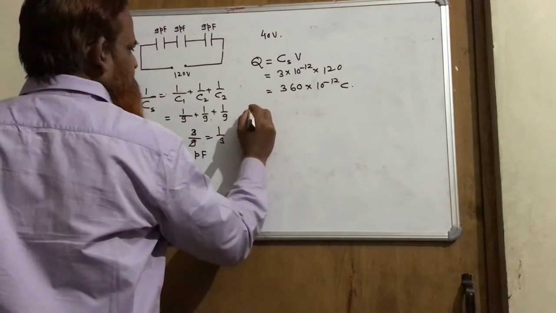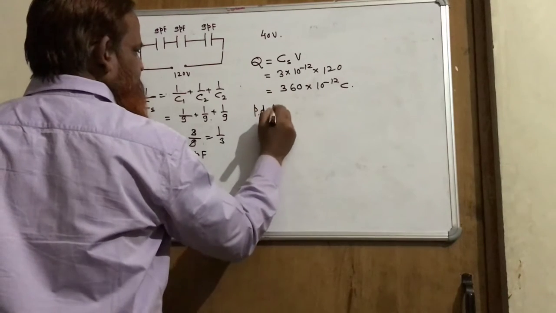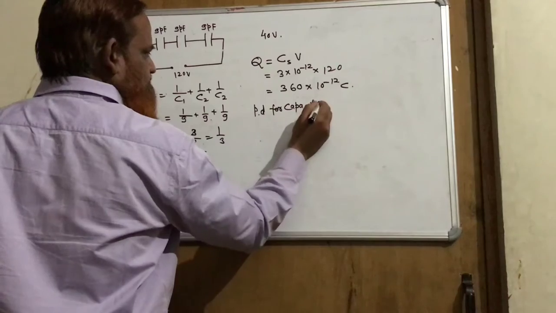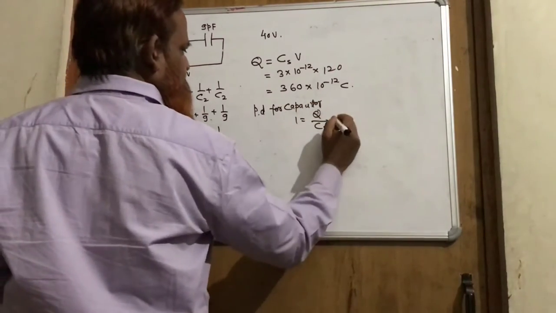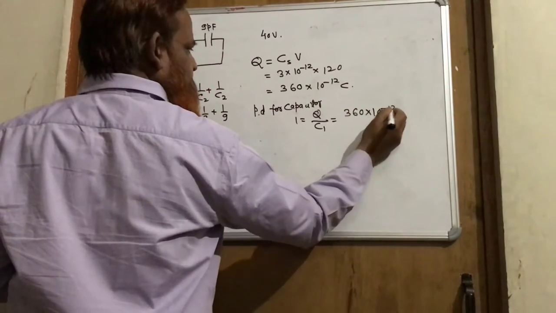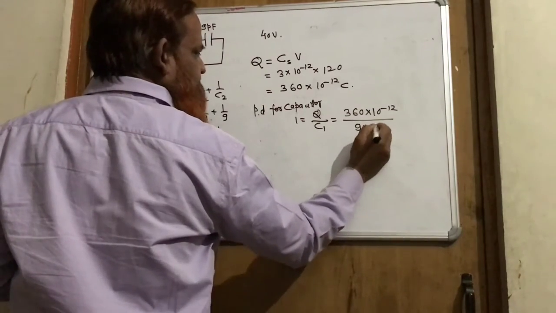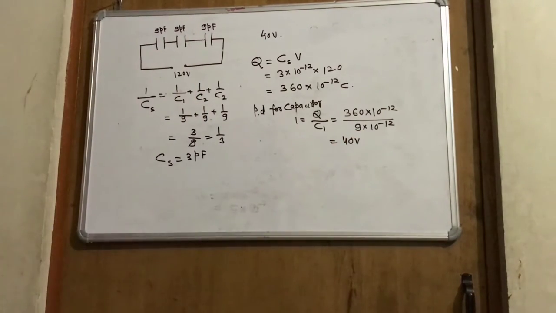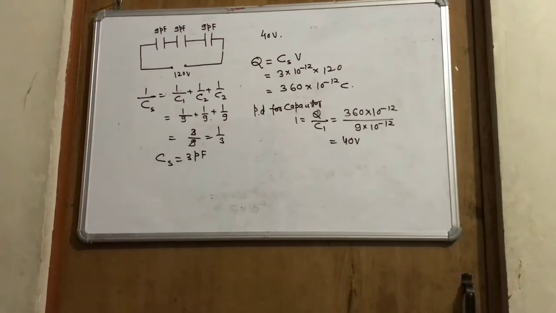Then the potential difference for capacitor 1 is equal to Q upon C1. Q is 360 into 10 to the minus 12 upon C1, which is 9 picofarad, 9 into 10 to the minus 12. So we will get 40 volt. Similarly, for the other capacitors, we will get a potential difference of 40 volt.